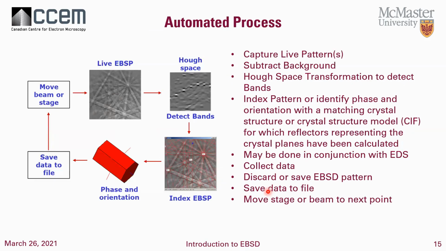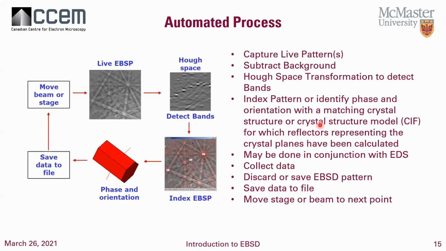So what sort of process are we doing when we're doing this pattern collection? In the automated process, we would capture a live pattern. We'd subtract a background. We would run it through a Hough transformation to detect the bands, converting it to points, from which we determine where the actual bands are.